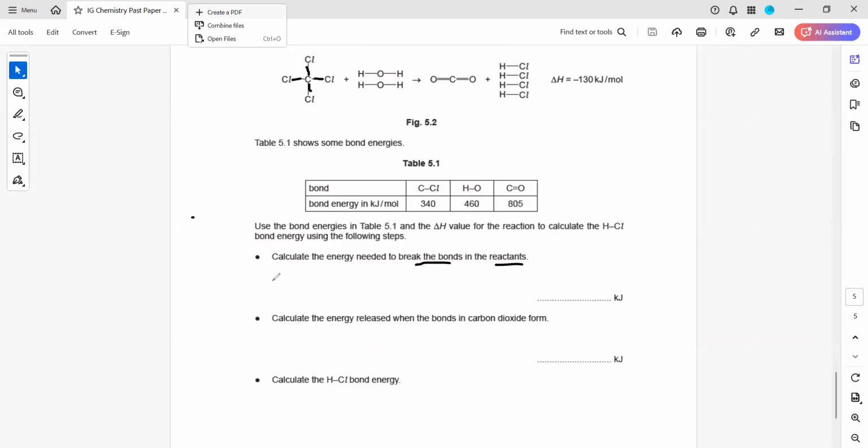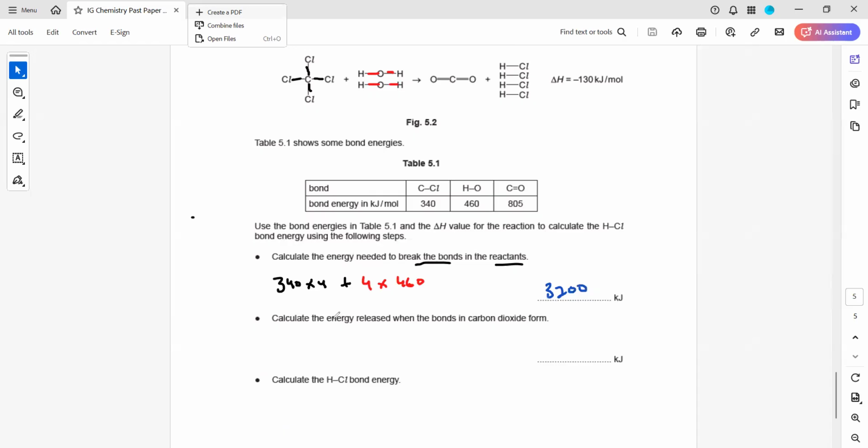So this will be 340 multiplied by 4, plus there are O-H bonds, 1, 2, 3, 4. So 4 multiplied by the O-H bond energy, which is 460. The answer here is 3,200 kilojoules.